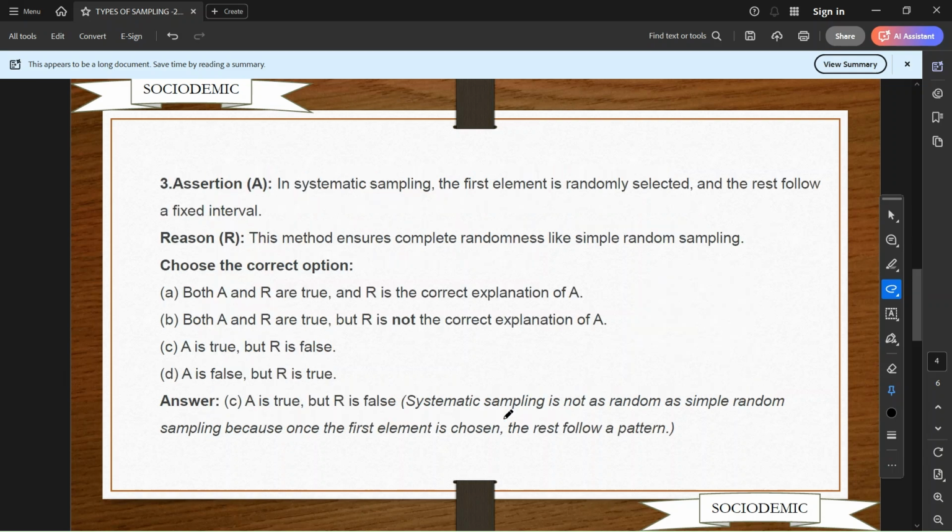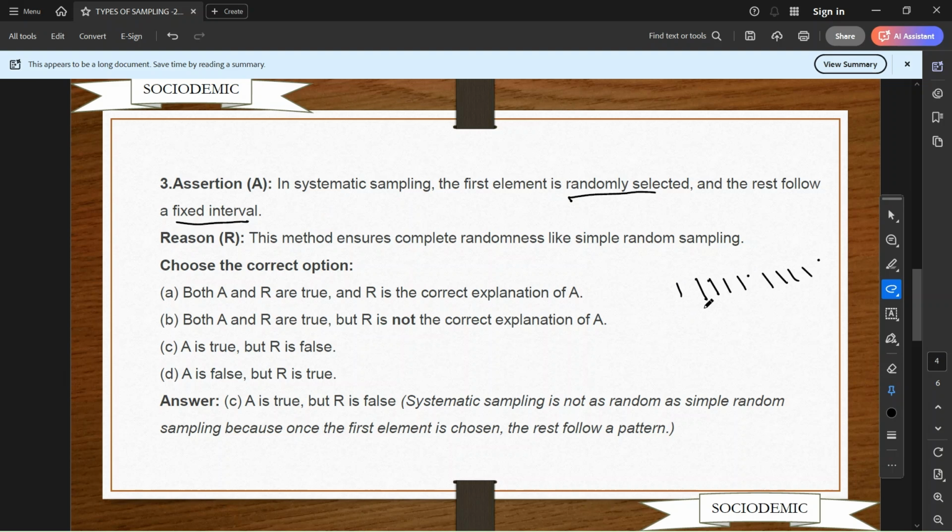Next question. In systematic sampling, the first element is randomly selected and the rest follow a fixed interval. So what is systematic sampling, friends? See, this is the population. In systematic sampling, the first element is randomly selected.